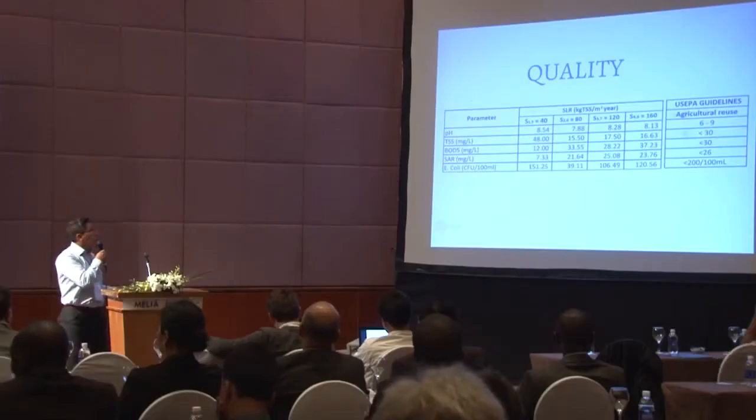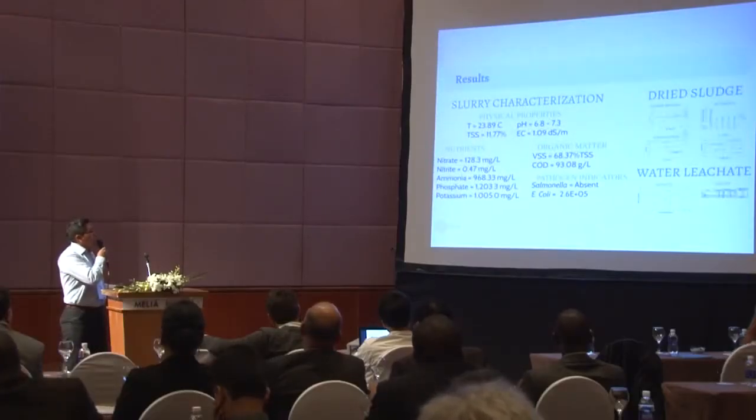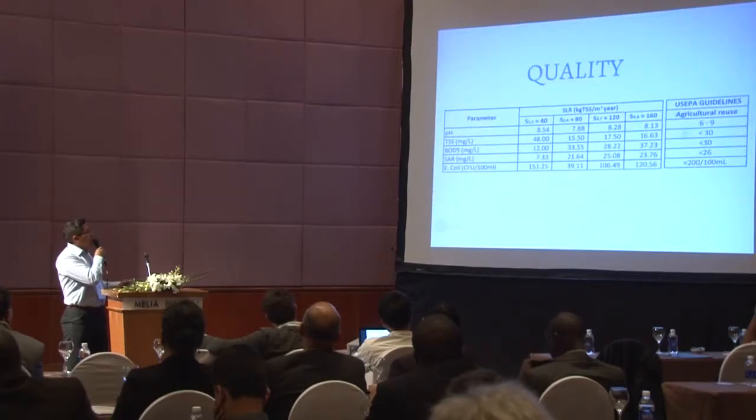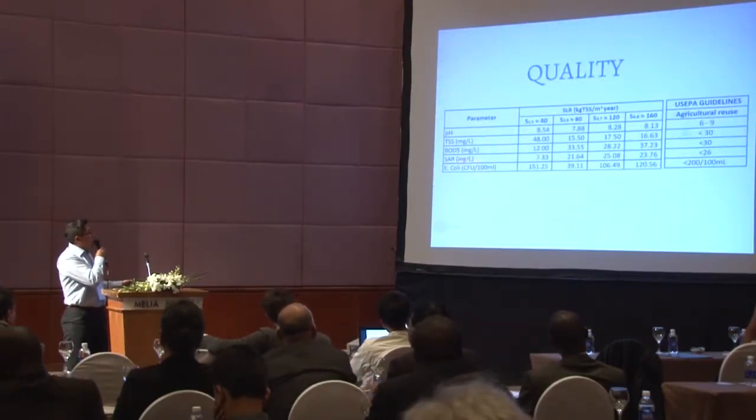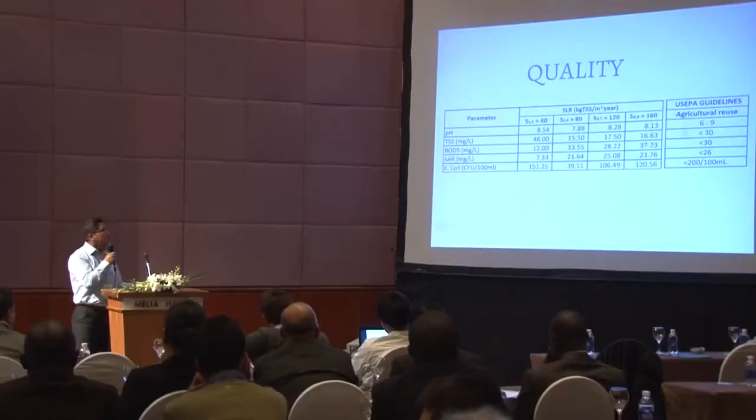That means the water can be reused, at least in this case, the water that we collected can be reused for irrigation. One interesting parameter here is the sodium absorption rate. In almost all the cases, we found it below the recommendations or guidelines.